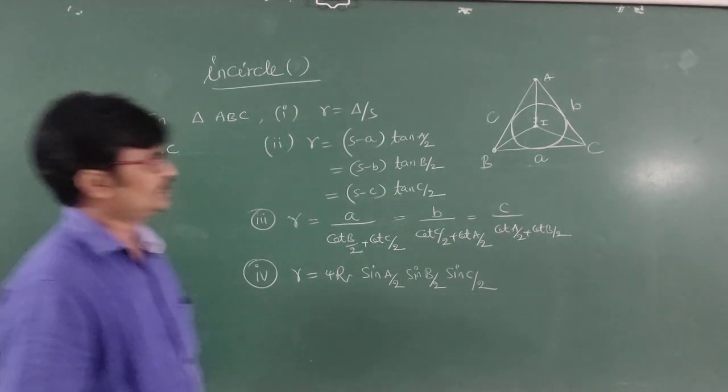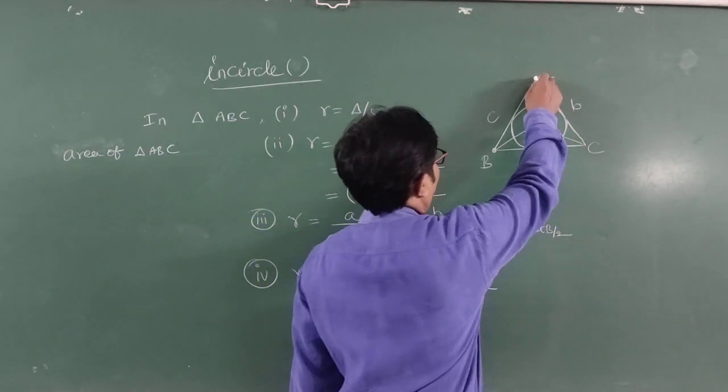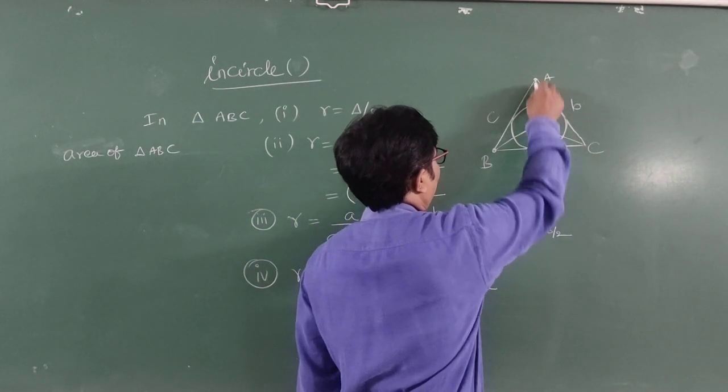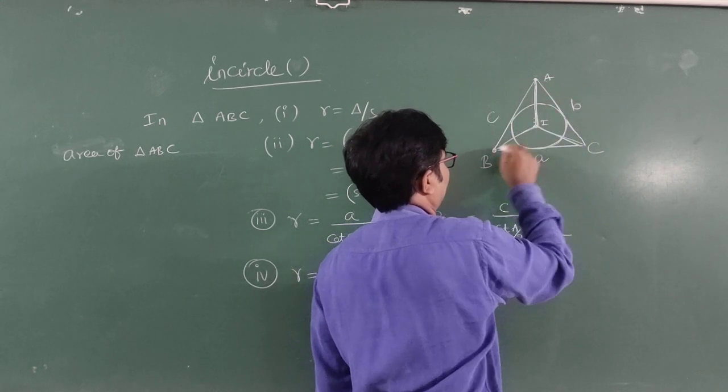The area of the triangle ABC is the sum of the areas of the three triangles.